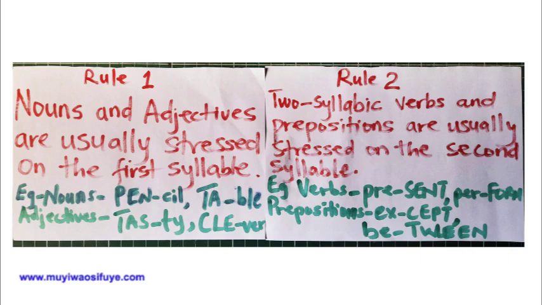For Rule 1, nouns and adjectives are usually stressed on the first syllable. And also note that the primary stress is that sound that sticks out the most when the word is pronounced.